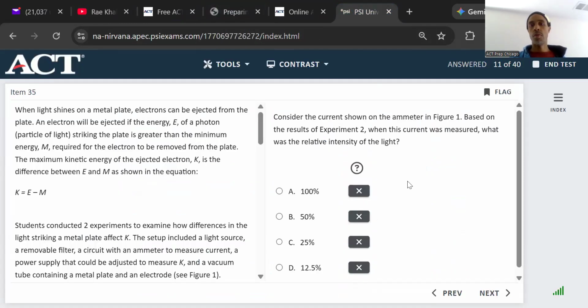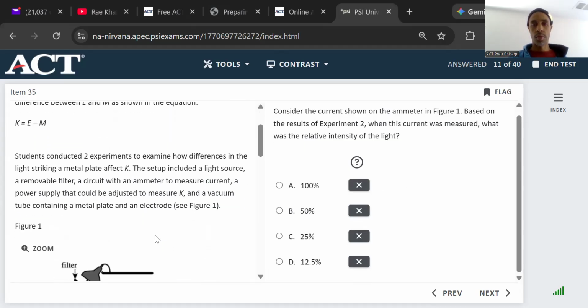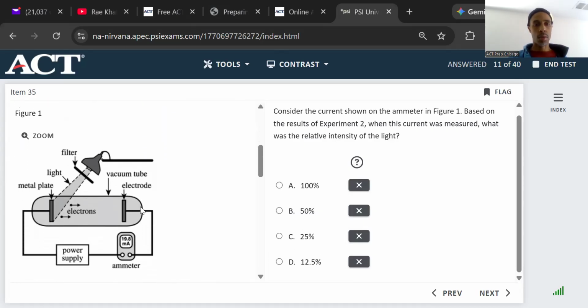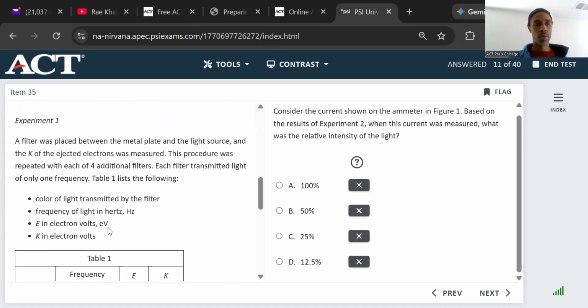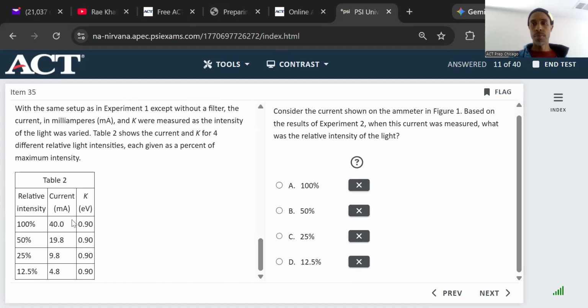Consider the current shown on the ammeter in figure 1. Based on the results of experiment 2, when the current was measured, what was the relative intensity of the light? So this is the current shown in figure 1. Based on the results of experiment 2, where's experiment 2? Here's experiment 2.